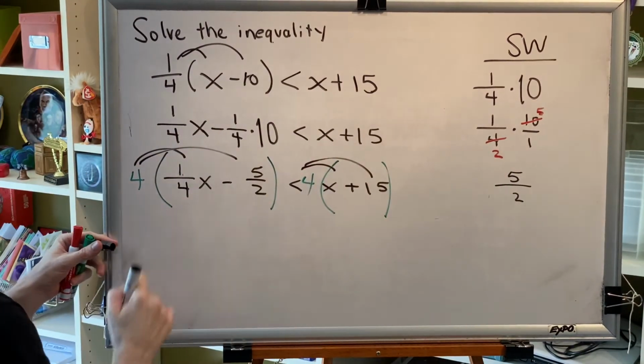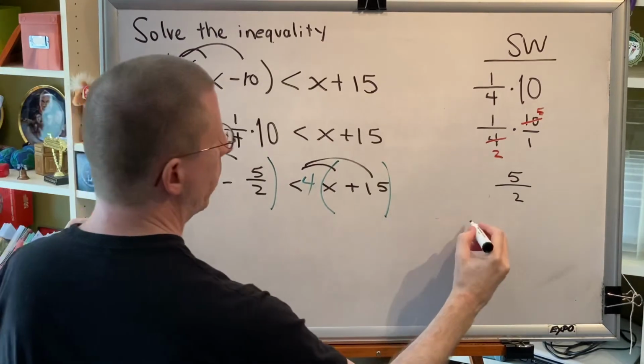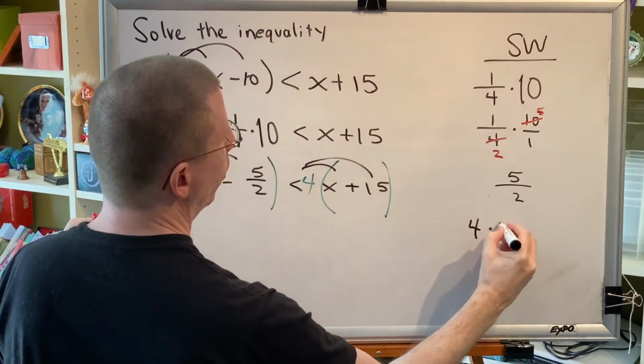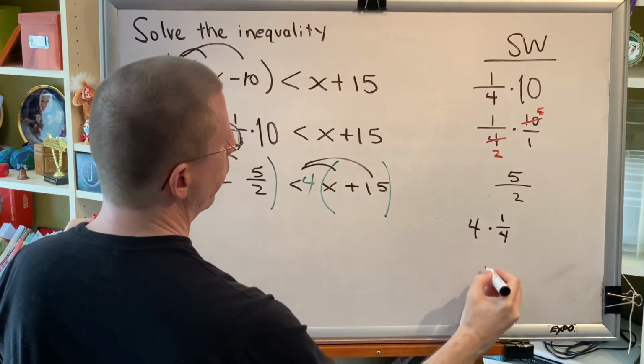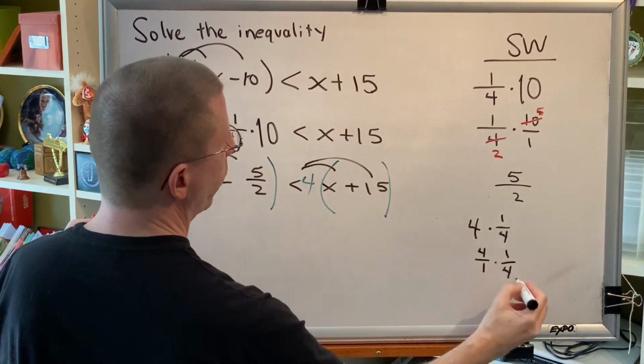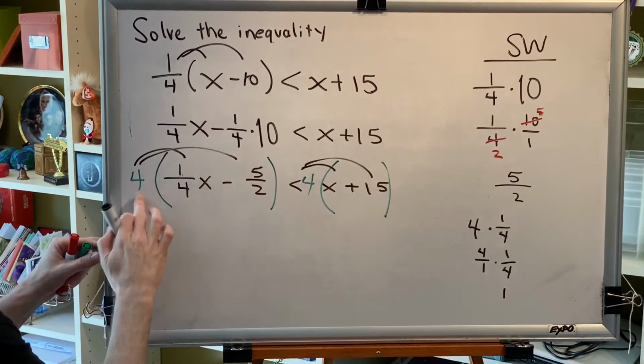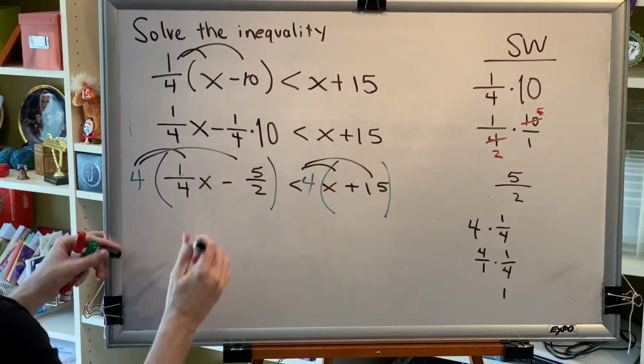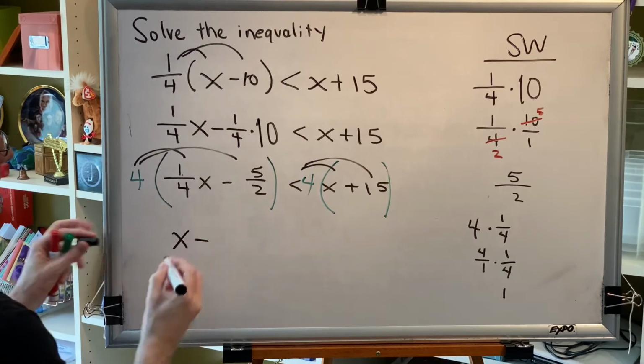So 4 times 1/4 equals 1, because those are reciprocals. 4 times 1/4 is the same thing as 4 over 1 times 1 over 4. The 4's cancel, leaving me 1.